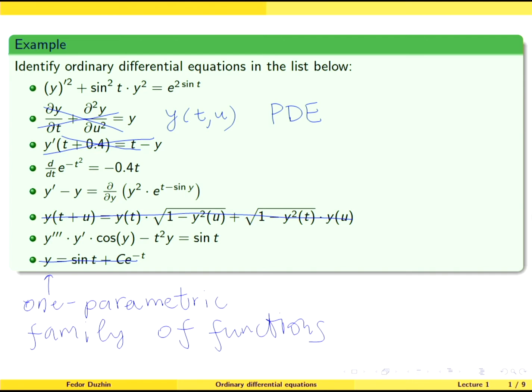Right? So when y prime and y are evaluated at different points, not at the same point across all the equation, this is not an ordinary differential equation. So this is called a delay differential equation.